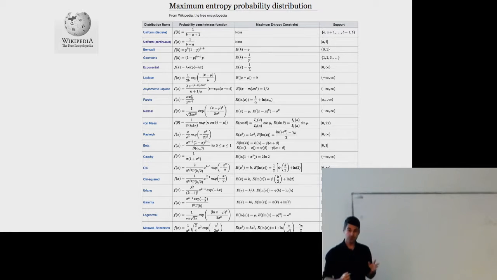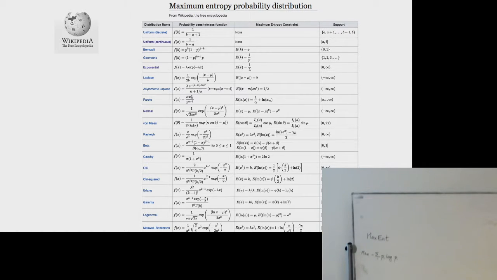What I'm going to do here is just start with the simplest distribution we can generate using the maximum entropy principle. I just invoke the maximum entropy principle, and by doing this, I maximize the entropy of my distribution given some constraints.